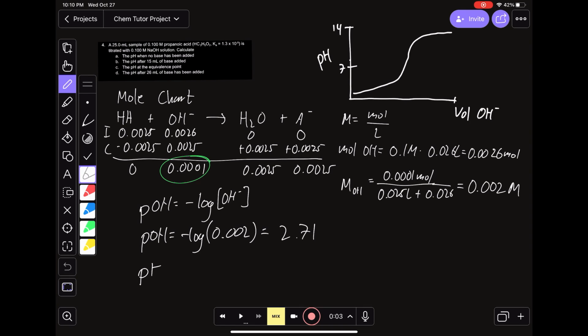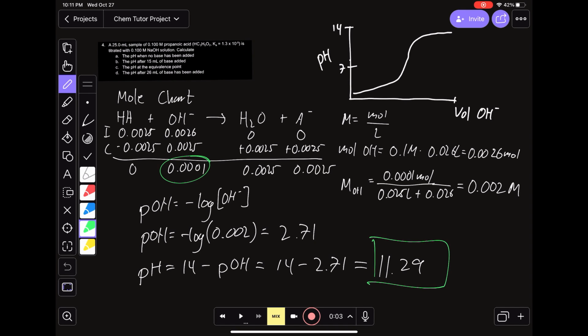And remember, pH is what we want. pH is equal to 14 minus pOH, which is equal to 14 minus 2.71. And that happens to be 11.29. And there's our final answer.